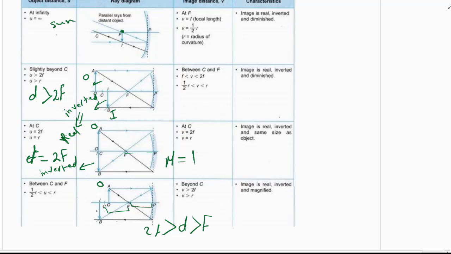In this situation, the image is going to be greater, so the size increases. It's an inverted image, which means it's real, and its magnification is greater than 1.